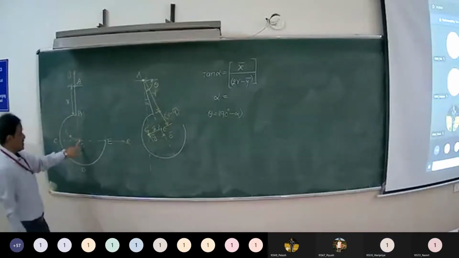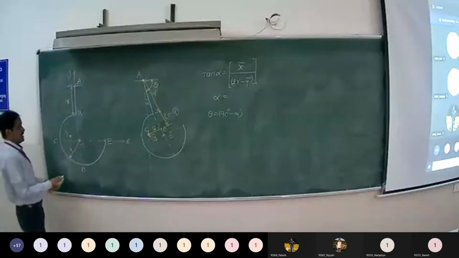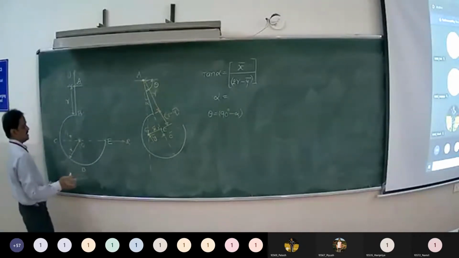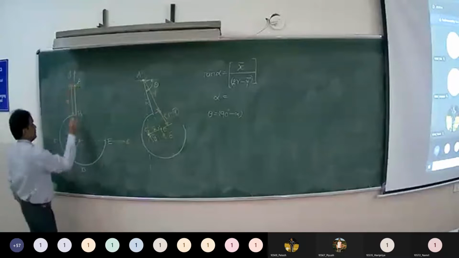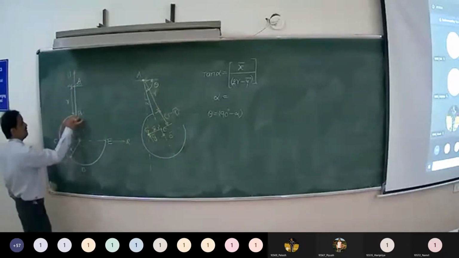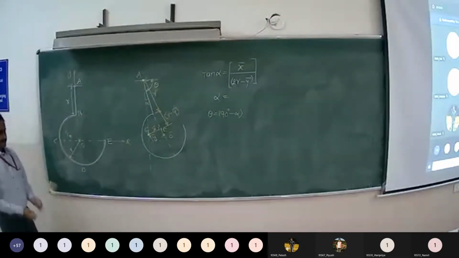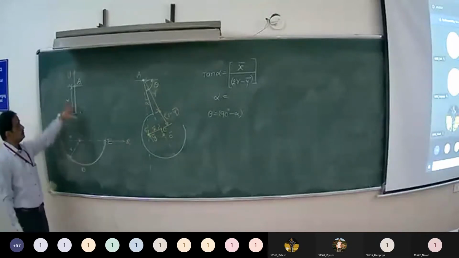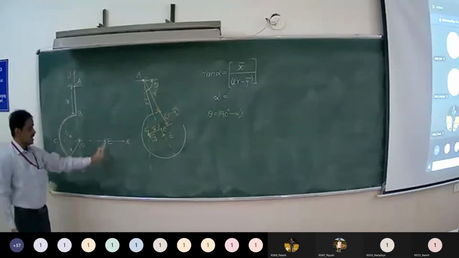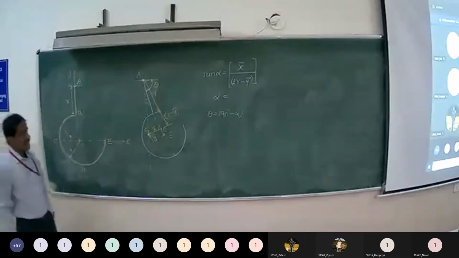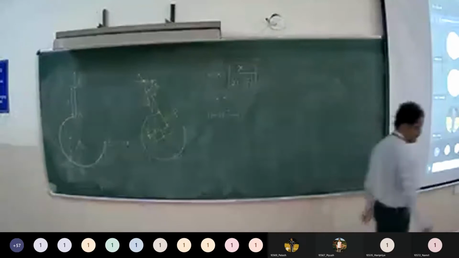Now with respect to this point O, you find out x bar and y bar by dividing this bend, for our convenience, into three parts: this line AB, quarter circular arc BC, and semicircular arc CD. Then find out x bar, y bar in terms of R and put it here, and calculate the values.